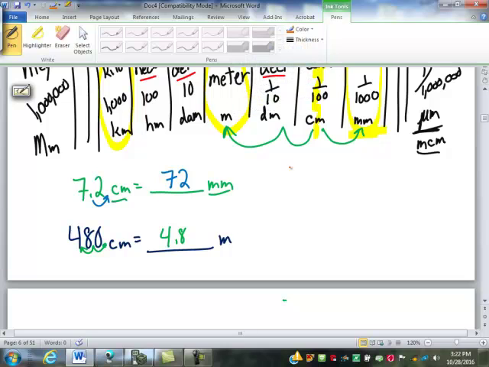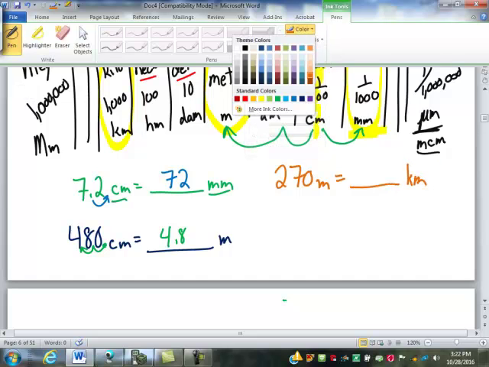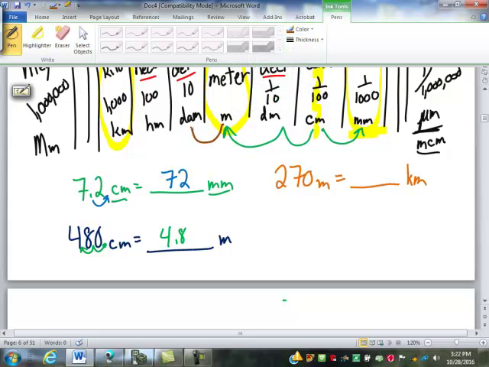If I have 270 meters and I want to convert it into kilometers, to get from meters to kilometers, I'm going 1, 2, 3 spots to the left on the chart. So my decimal point has to go 1, 2, 3 spots to the left. That is 0.27 kilometers. Make sense?